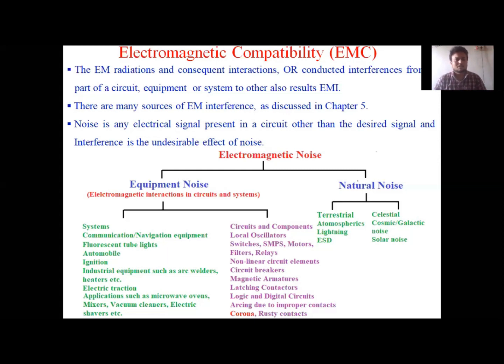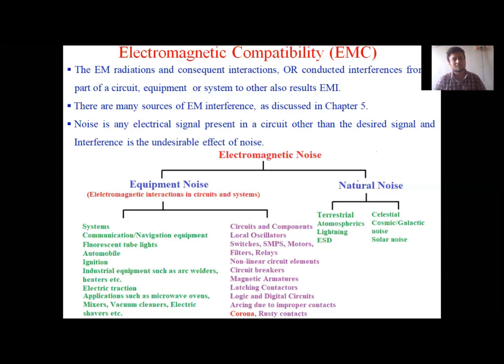Briefly, I'll give you an introduction about it. What is electromagnetic interference? This electromagnetic interference is nothing but a noise. Now, noise everyone knows. What is noise? Noise is nothing but an unwanted, undesired electrical signal that disturbs the performance of the system.